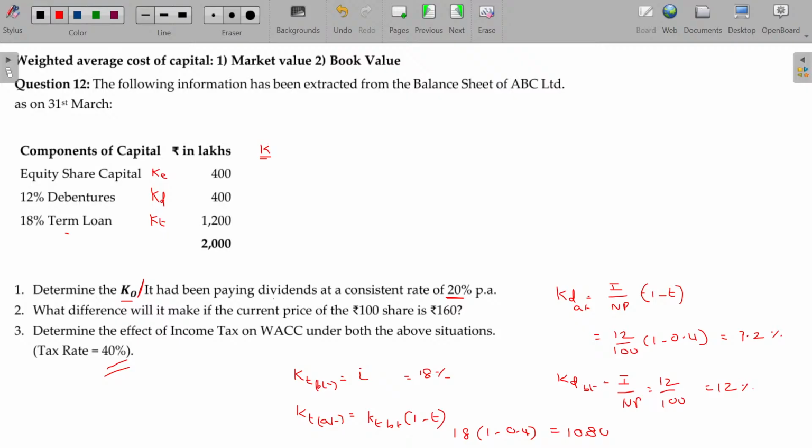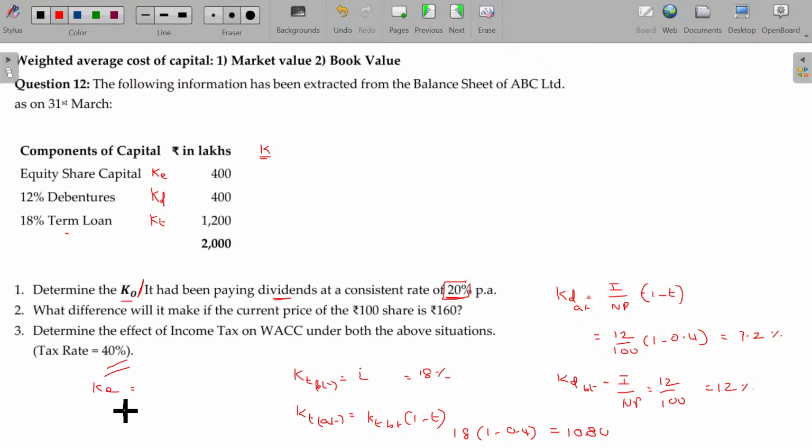In case of KE, KE before tax and after tax will be the same. A consistent dividend rate is given, 20%. We have a number of methods, around 4 or 5: constant dividend approach, constant growth approach, earnings approach, earnings growth approach.